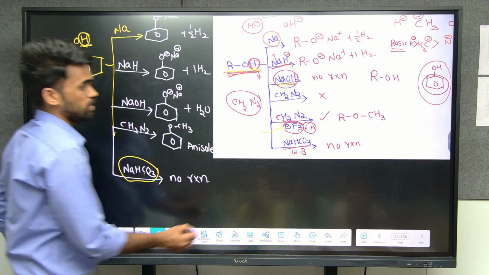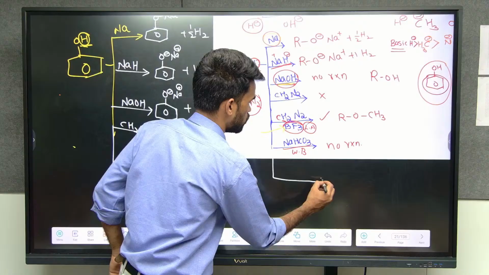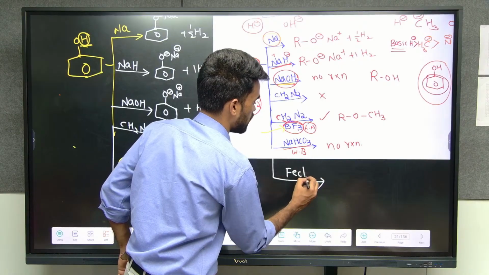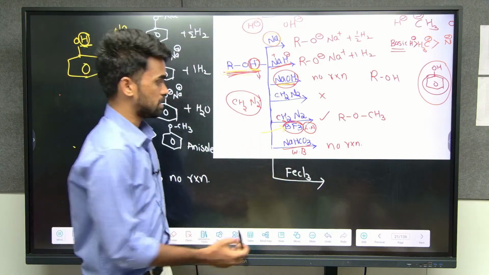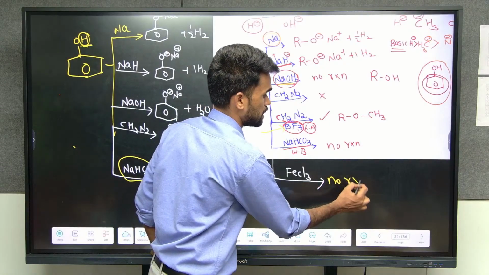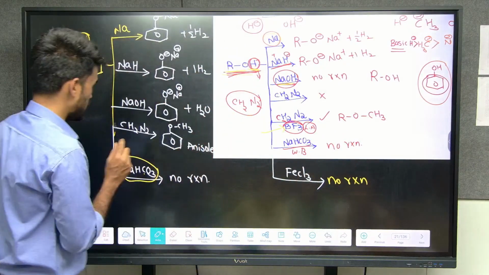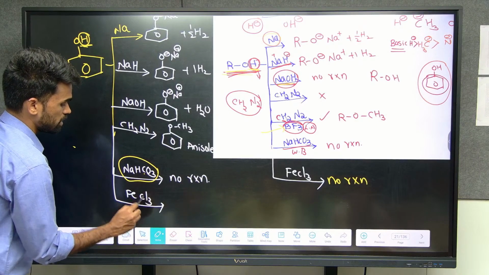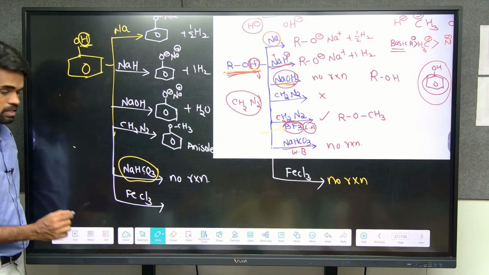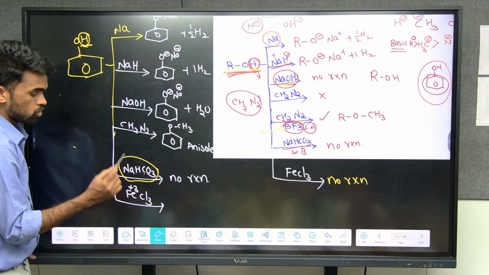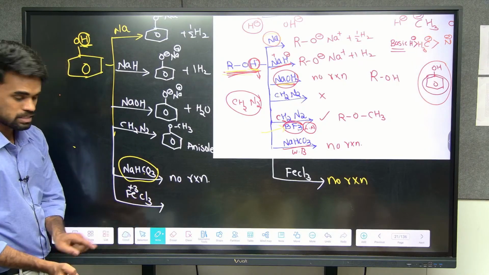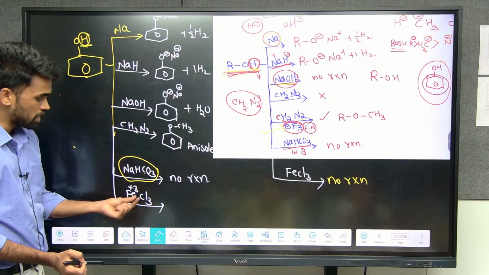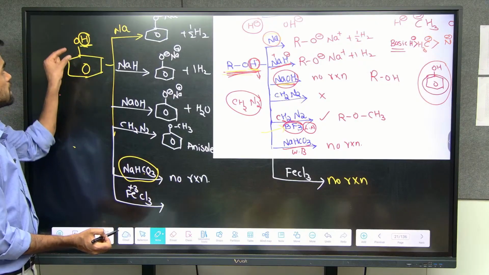Okay. Next one, if I react this compound with FeCl3, with alcohol we observed no reaction. But here it is very important. See here, I am doing FeCl3. What is the oxidation state of iron here? +3. So remove these 3 chloride ions, each chlorine with -1 charge, and replace with phenoxide ions.